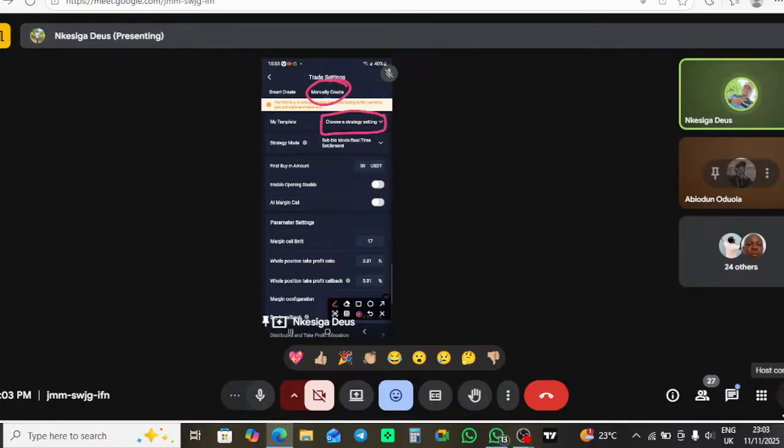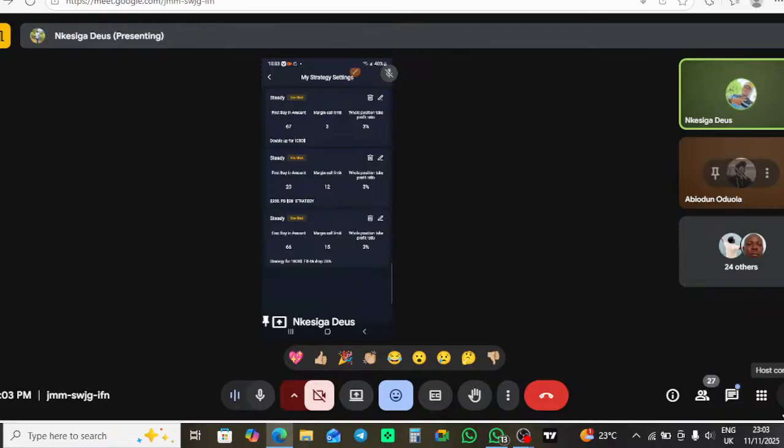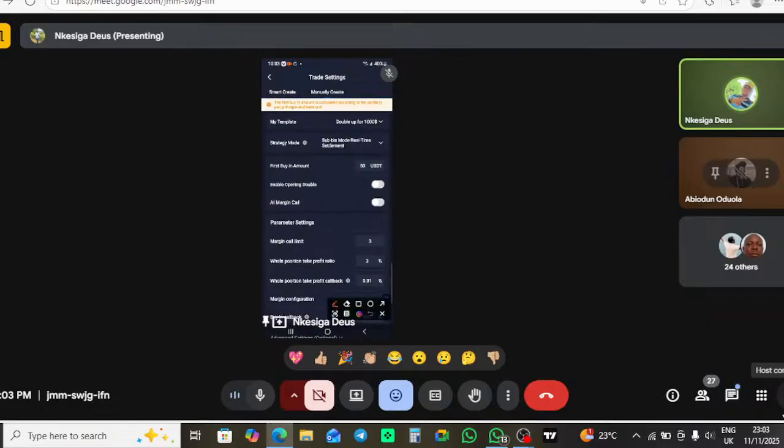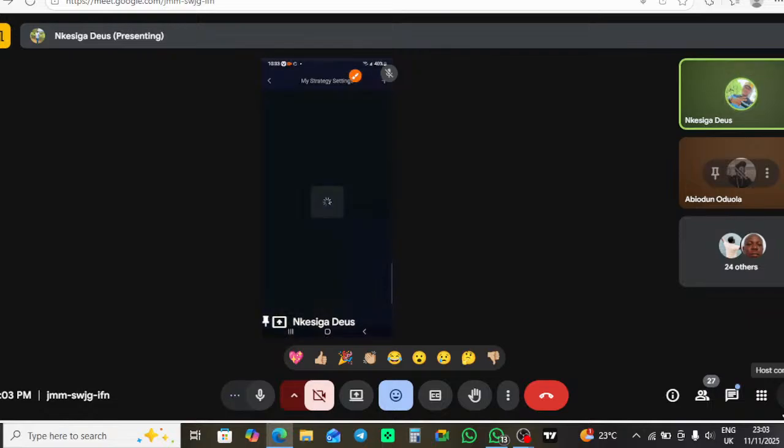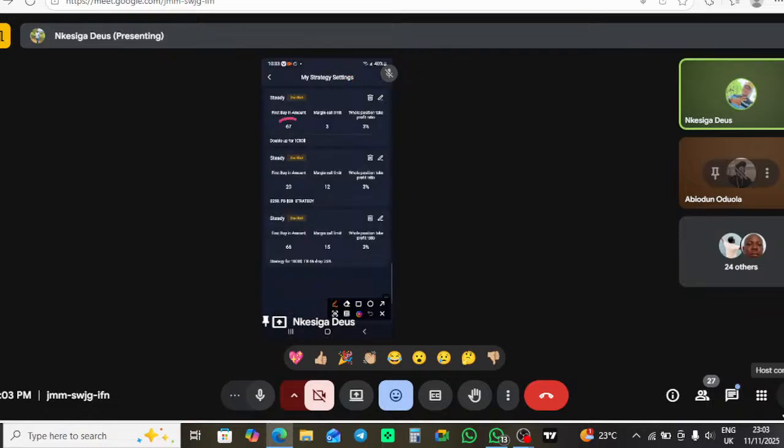According to your analysis, which strategy are you going to use? You just open it like this. If I'm to use the double up strategy, I will click on this double up strategy. When you click it, it will insert your strategy. But in most cases, the first buy will change. When you go back there, you see the first buy is 67.